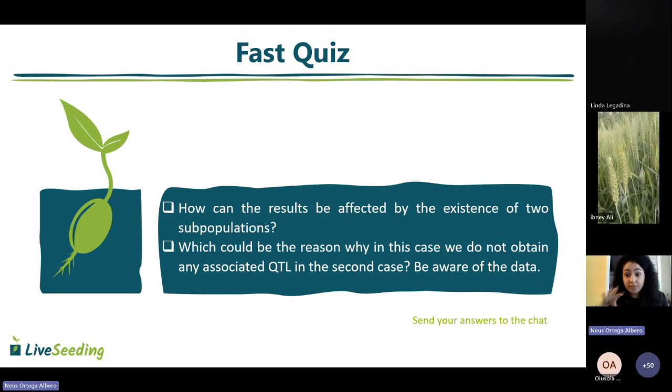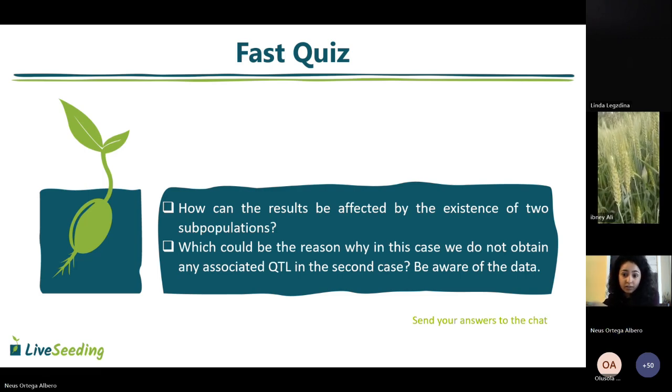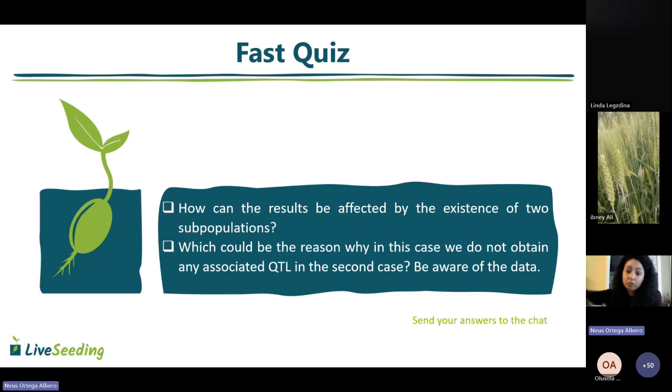Maybe we have filtered so much that we have lost a lot of markers that are actually important for making the genetic differences between the varieties.